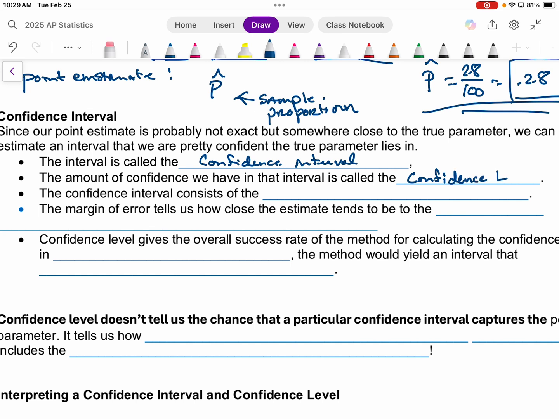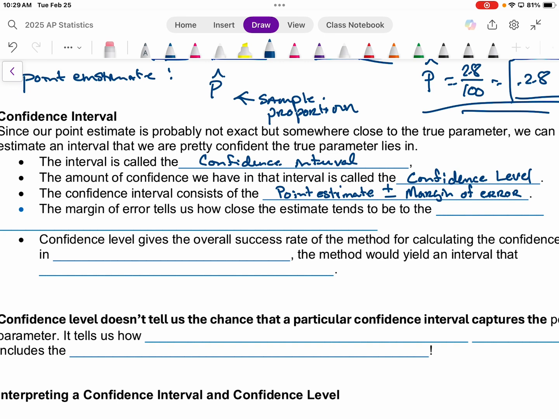The confidence interval consists of, structurally in just words, the point estimate plus or minus, and then what we call the margin of error. That is the generic format, using words, not symbols.